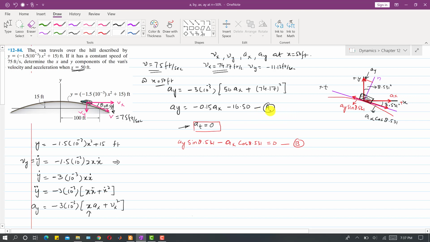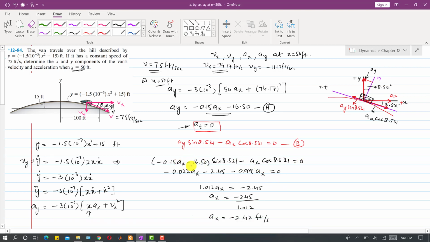So we can substitute this equation A in this, and this will give us the ax acceleration, right? So now I can put ay equal to this thing. I can substitute ay in this equation. So this will be minus 0.15 ax minus 16.50, all times sine of 8.531, minus ax cos of 8.531 equals to 0.